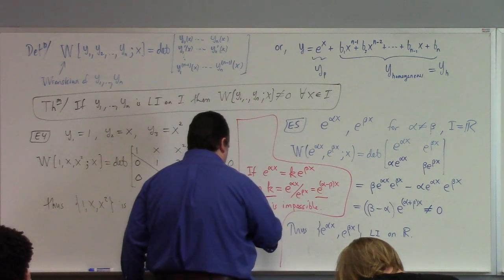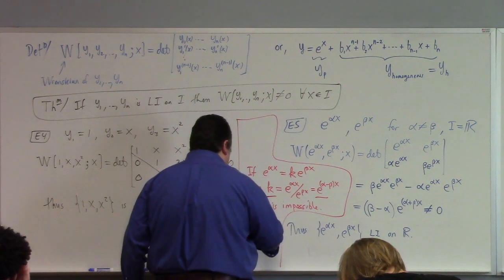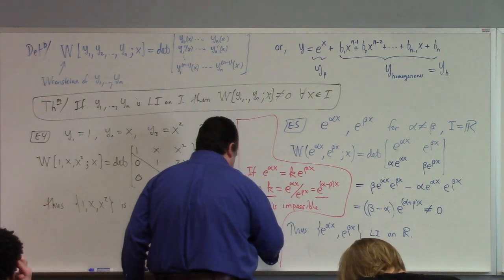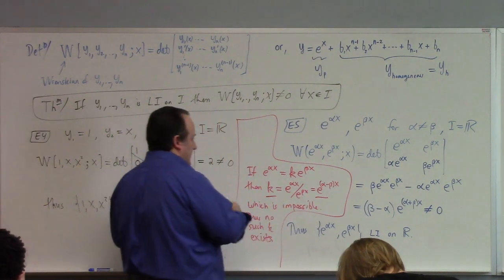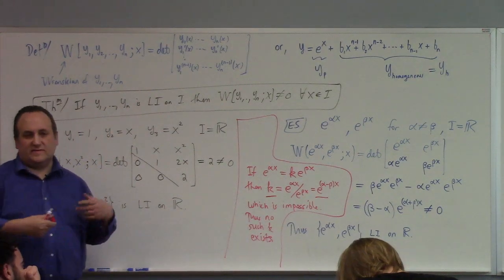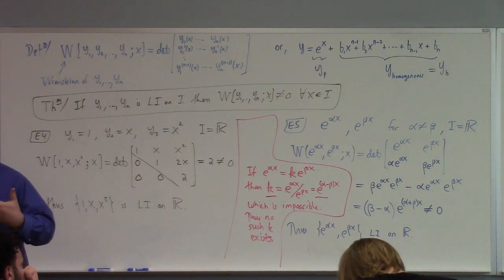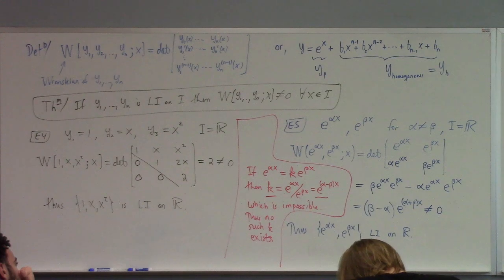Thus, no such k exists, right? So if no such k exists, then again, that implies that e to the alpha x and e to the beta x are linearly independent, all right?